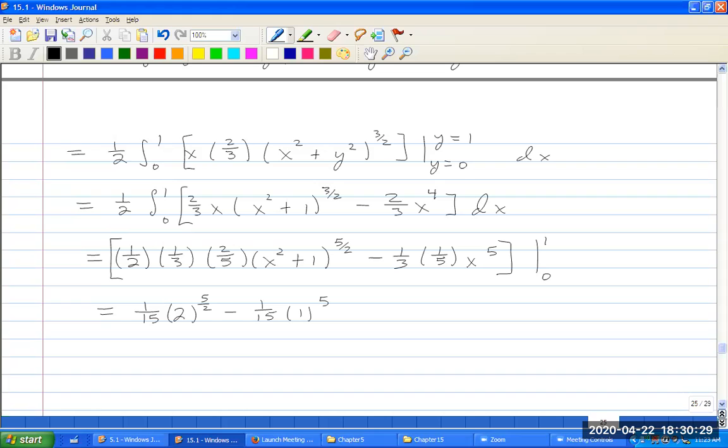Minus, plugging in 0, 1/15 times 1 to the 5/2.